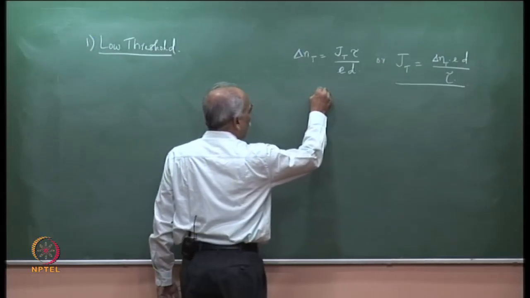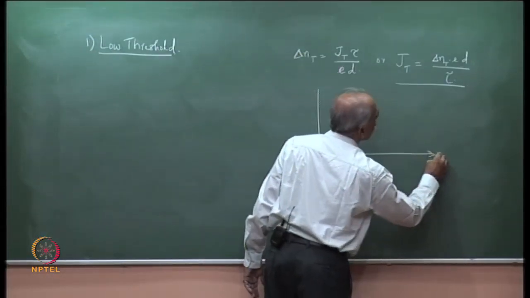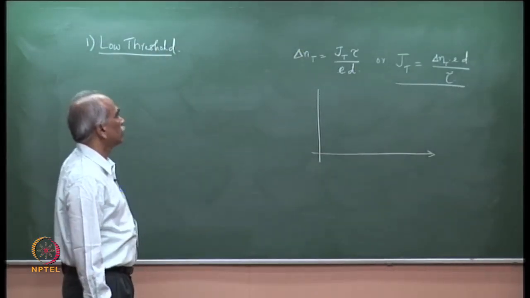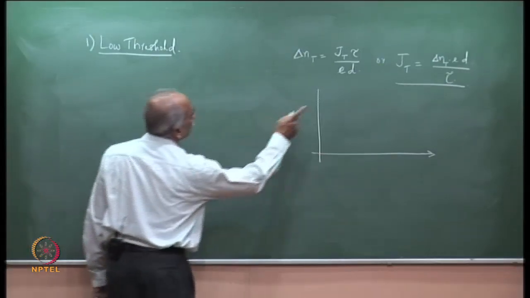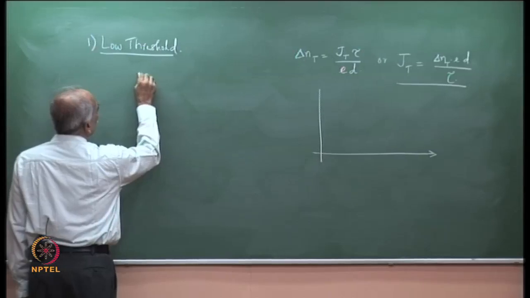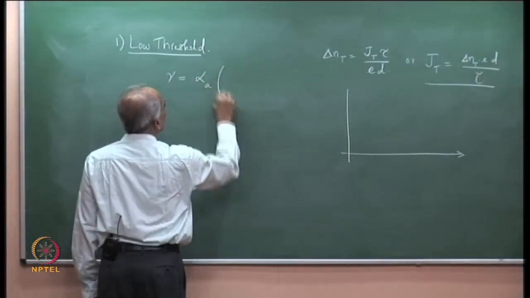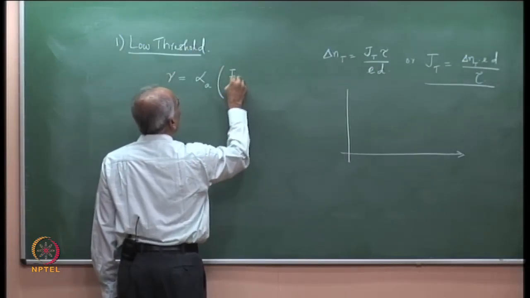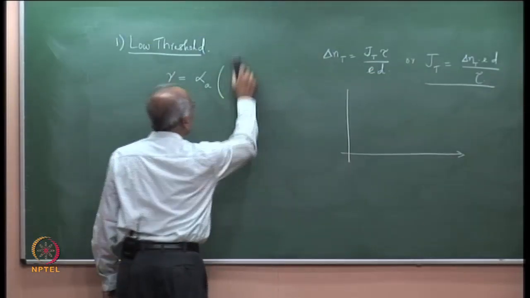And then if you plot the gain coefficient, the gain coefficient gamma is equal to alpha_a times (J by J_t minus 1).